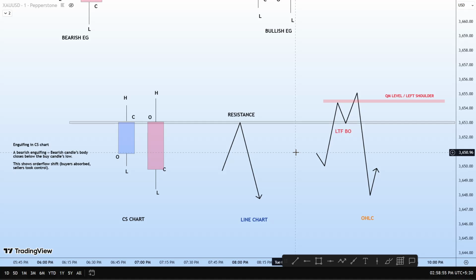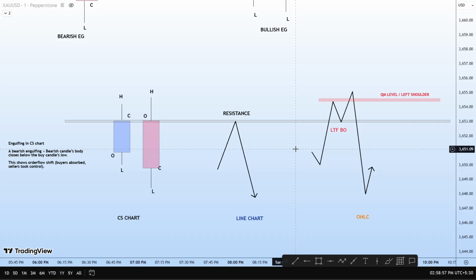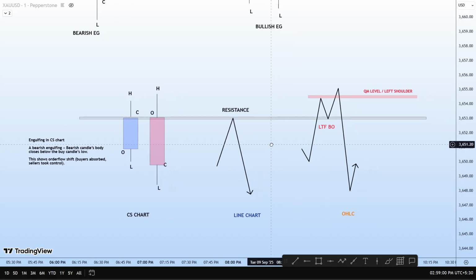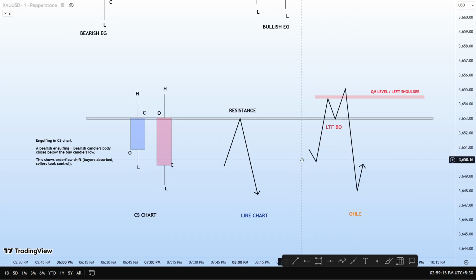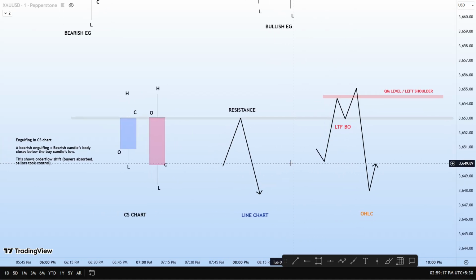The trading decisions, or I would say the execution, could be different. The SnR trader may take a trade at a different level, but the core reasoning behind those concepts is similar. Okay, so let's understand that.